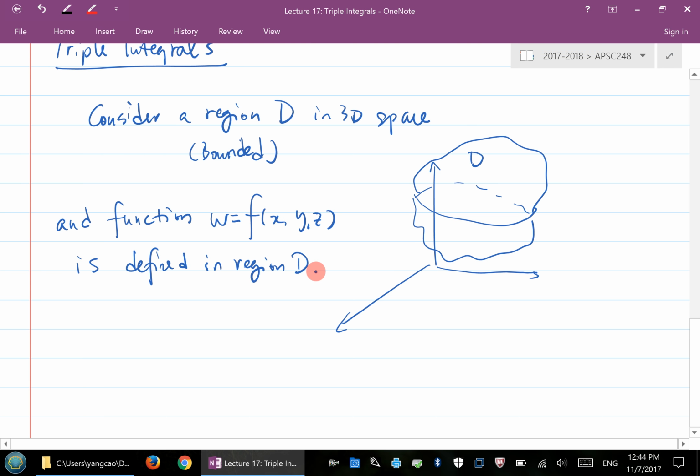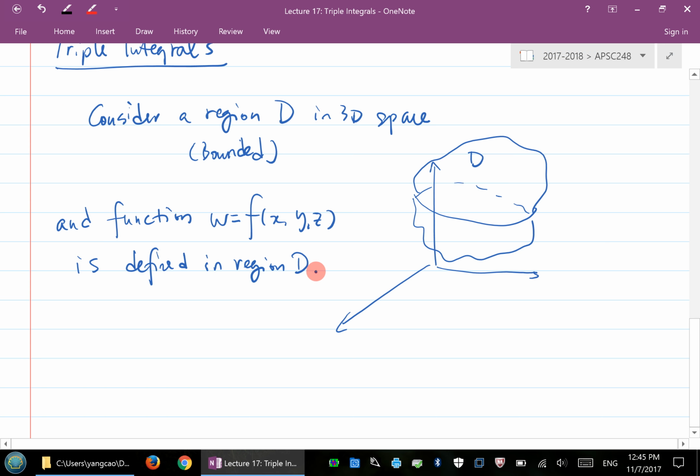So let me ask a question. What does it mean when there's a function defined over there? We actually described this kind of thing quite a few times already, even in the double integral. So what does it mean that a function is defined in a region D? This is actually critical. If you understand this, this integration concept will be easy to understand.